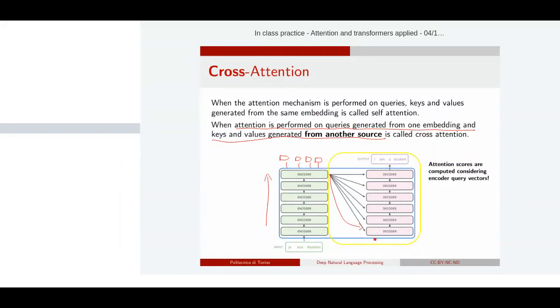I'm sorry, I'm not good at drawing, but I just draw one of these. This becomes the input of the decoder, and I apply the same thing. I decompose it into query, key, and values, and then I have all the operations, right?